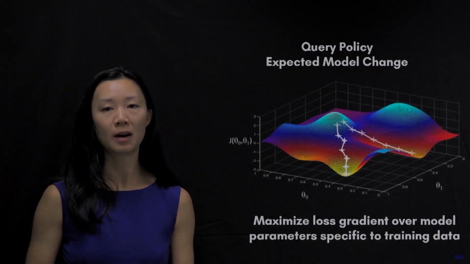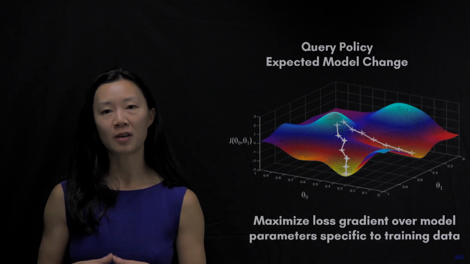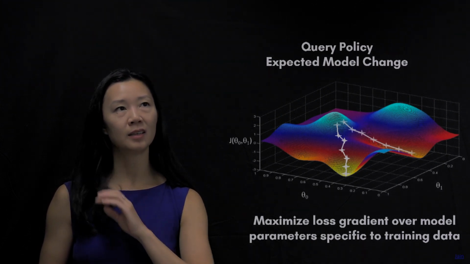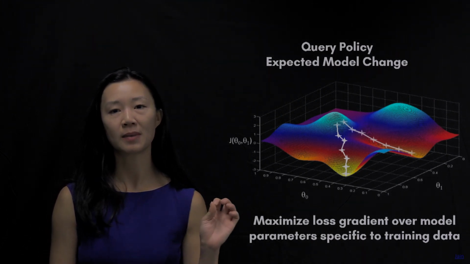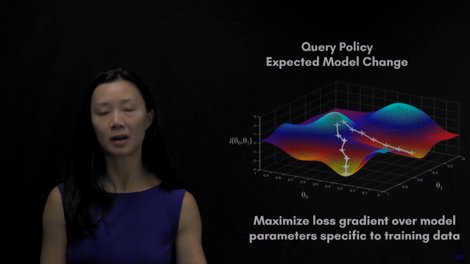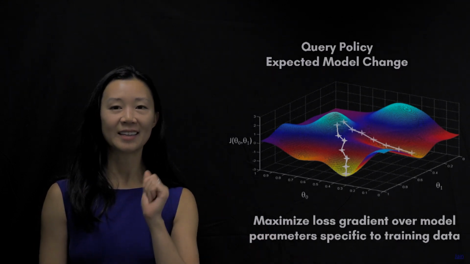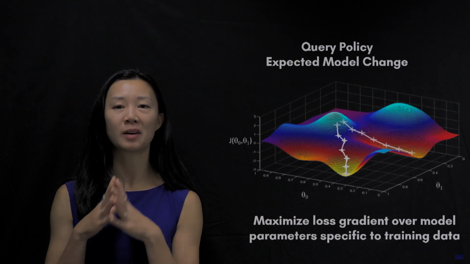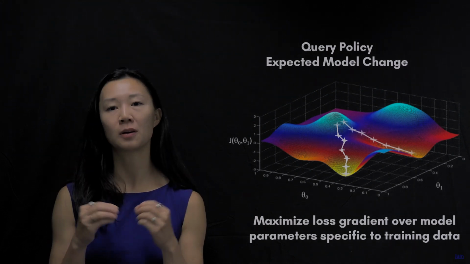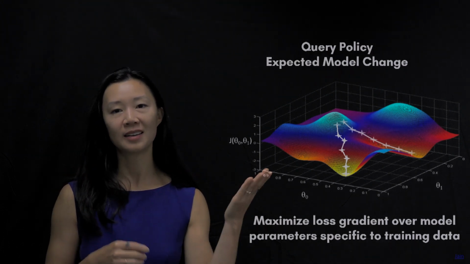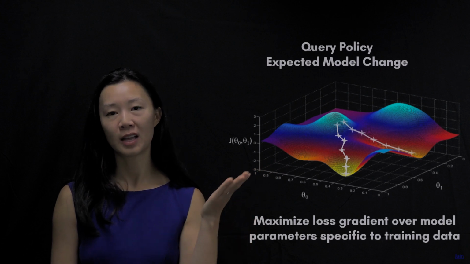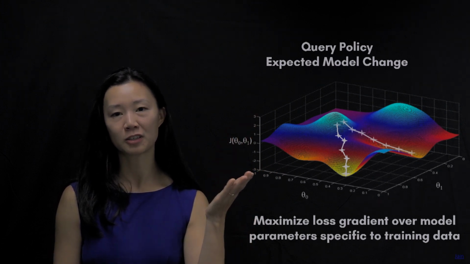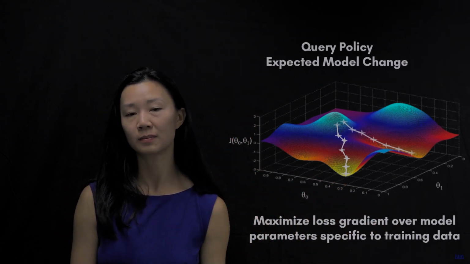For expected model change, we are trying to find the sample points that maximize the loss gradient over model parameters. Intuitively, you're essentially trying to find the sample points that are going to inspire the most change in your model. Here is a picture of loss as a function of model parameters.